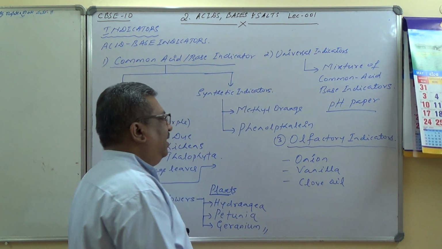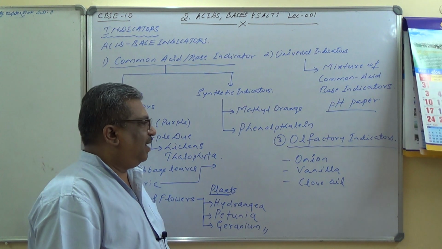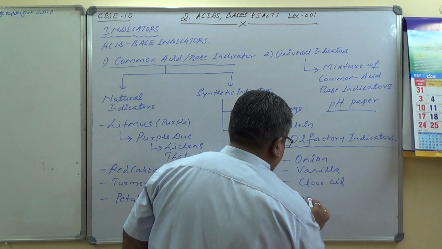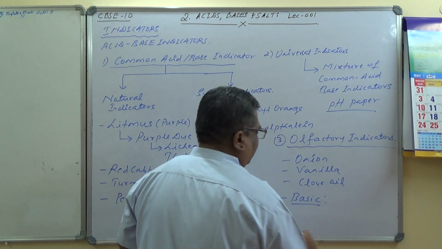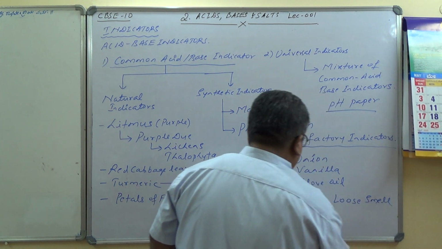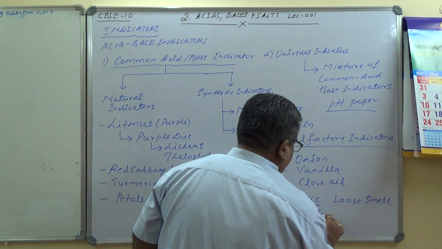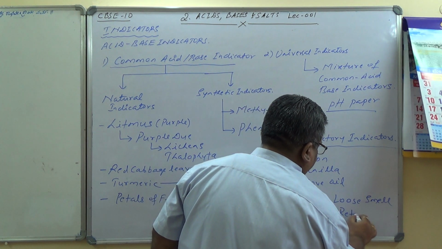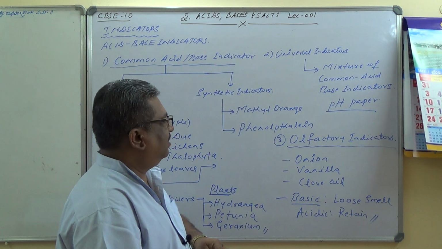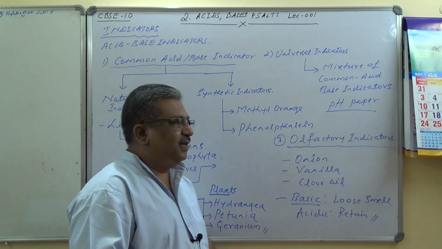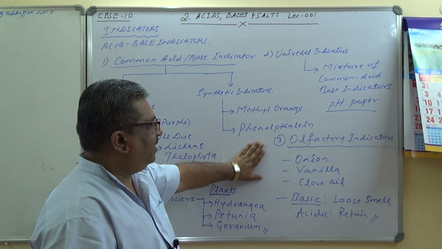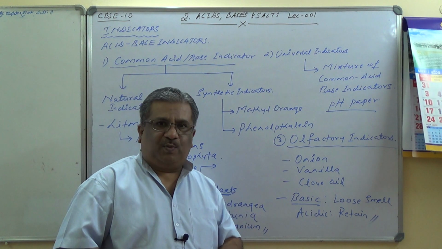Onion, vanilla essence, basically clove oil, etc. Now in basic solution, they lose smell, whereas in acidic solution they retain their smell. And this is how all these will be able to indicate whether the given substance is acidic in nature or basic in nature. I will also discuss the olfactory indicators with an activity given in your textbook.